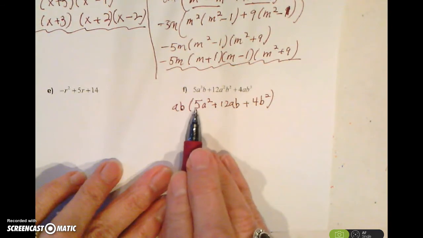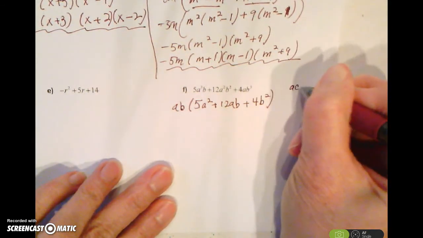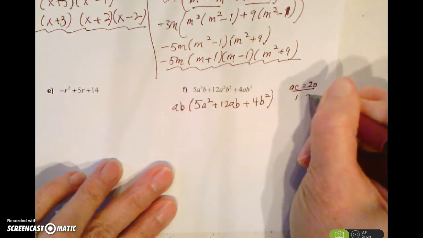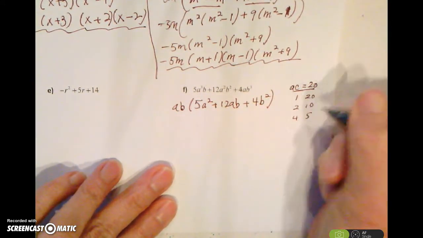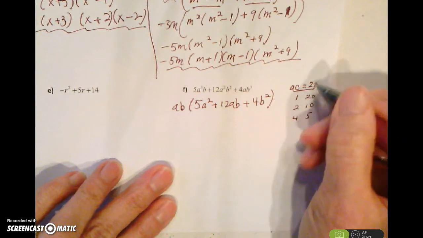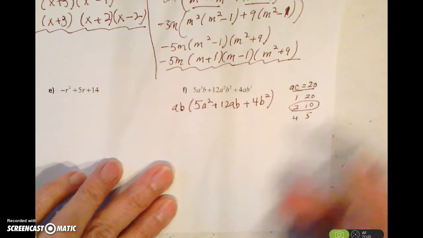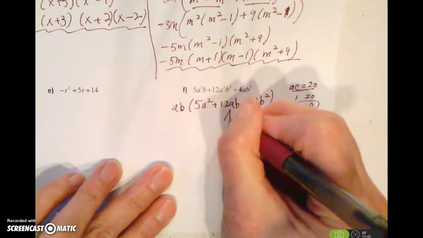So this time my A is 5, and my C is 4. So AC then is 5 times 4, which is 20. So I get 1 and 20, 2 and 10, 4 and 5. These all multiply to be positive 20, and I want to choose one that adds to be 12. So 2 and 10 add to be 12. So I'm going to rewrite.